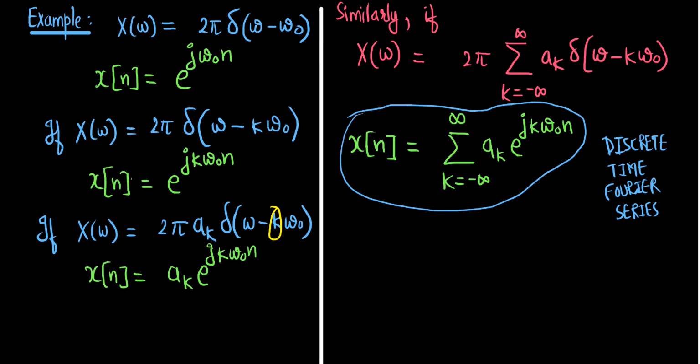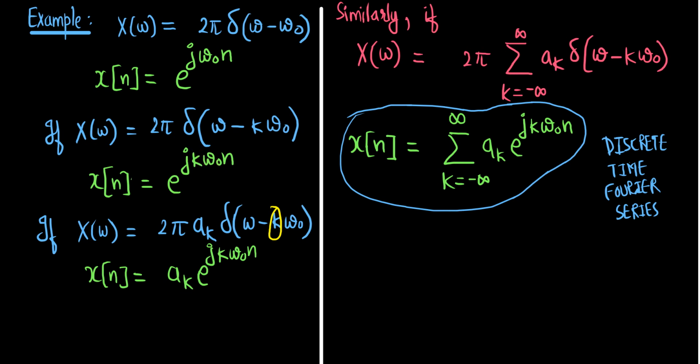So if we take the shift to be any integer multiple of omega naught, what we are going to get is e power j k omega naught n. So the only change is going to be in the shift here. Earlier the shift was omega naught, and now the shift is k times omega naught.